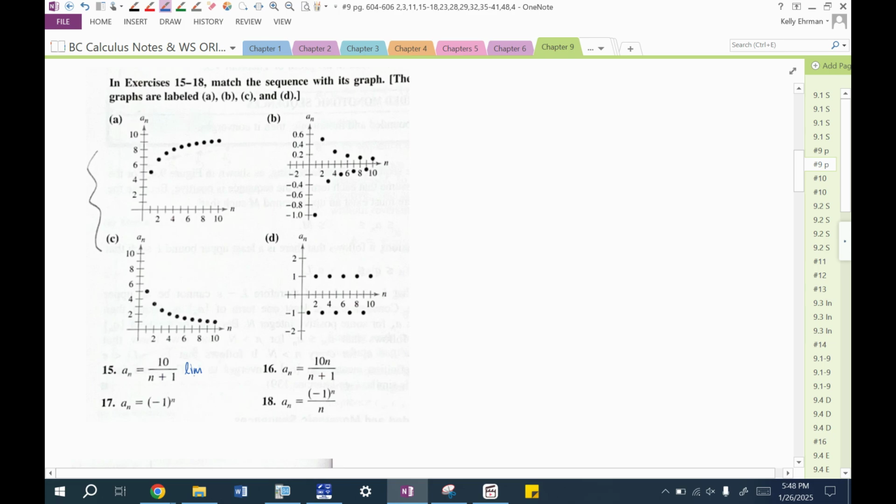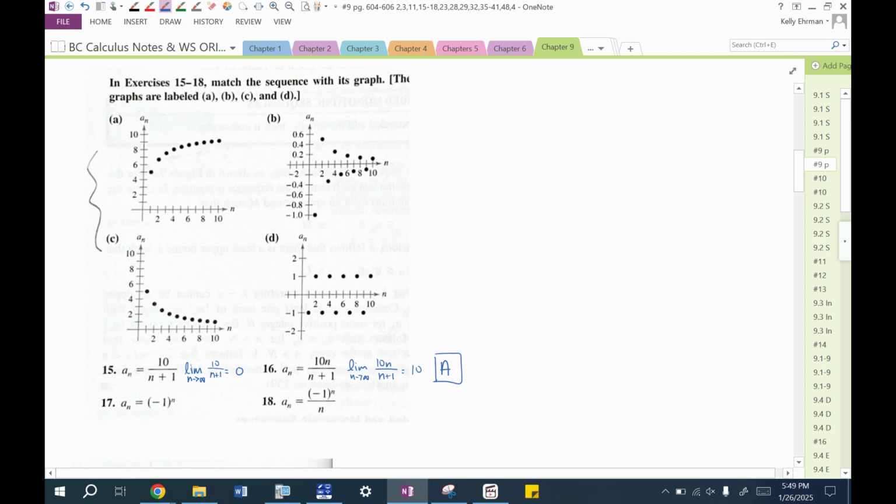This limit as n approaches infinity of 10 over n plus 1, that's bottom heavy, so that's 0. Whereas number 16, the limit as n approaches infinity of 10n over n plus 1, that's equal degrees, so that's 10. So 16 has to be A, because those terms are approaching 10, it looks like.